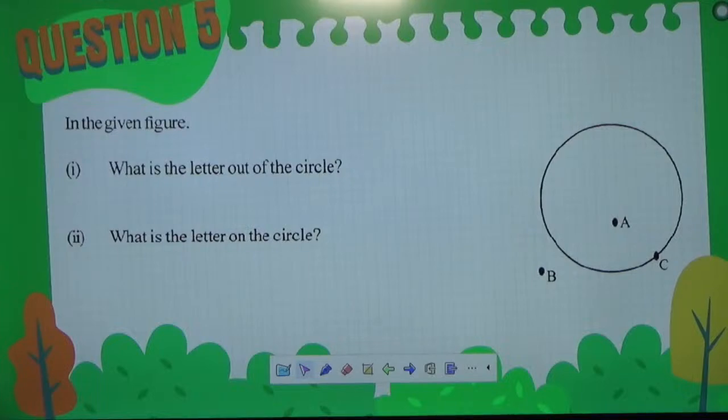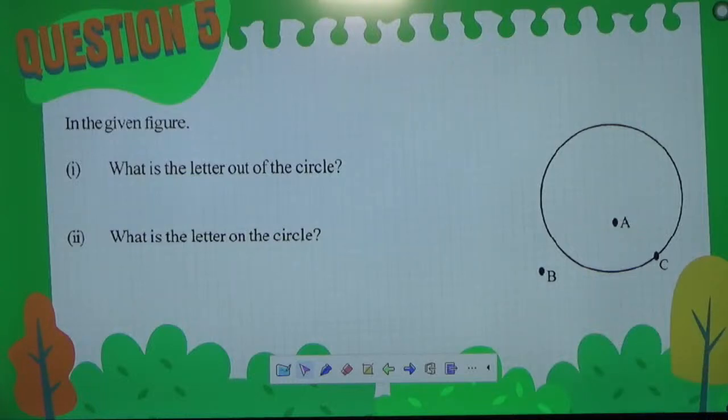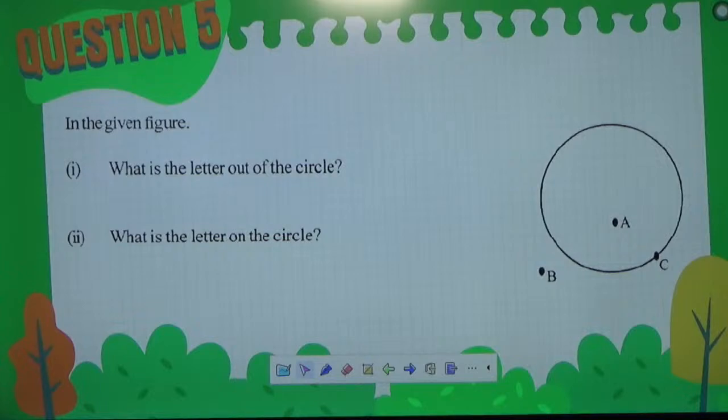The letter outside the circle is B, and the one on the circle is C. Then letter A. What can you say about letter A? That is inside the circle, no? Is that correct? Letter A we can find inside the circle, right?